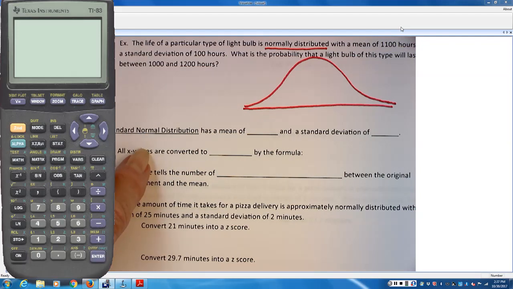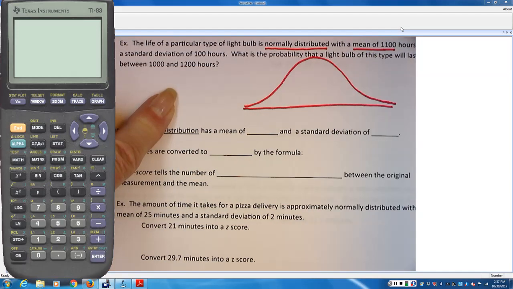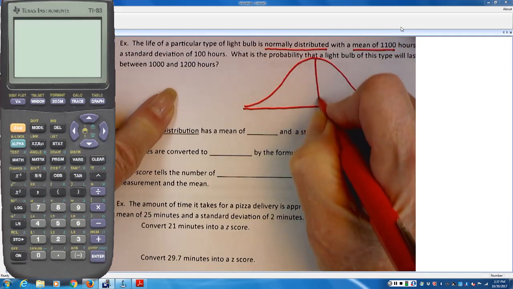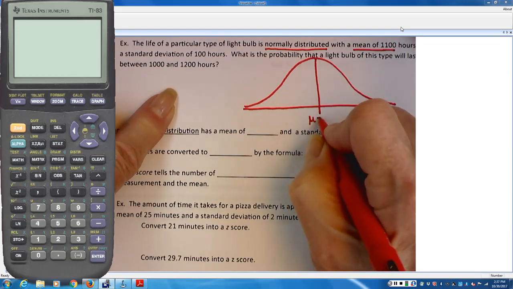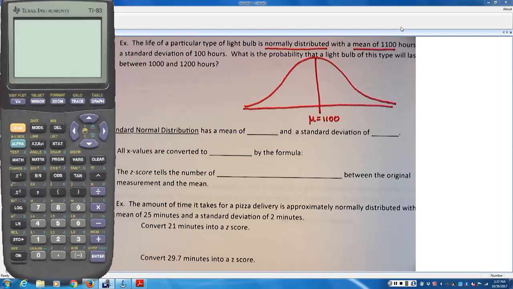Which means it's going to look like that. It says the mean is 1,100 hours.